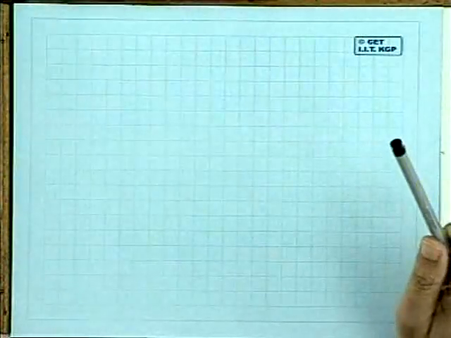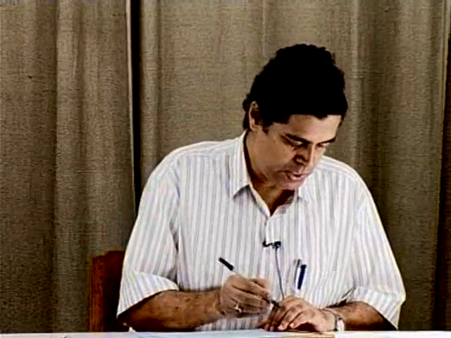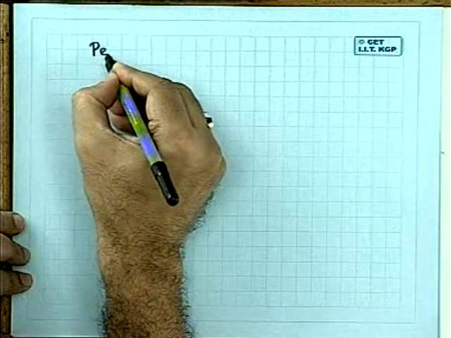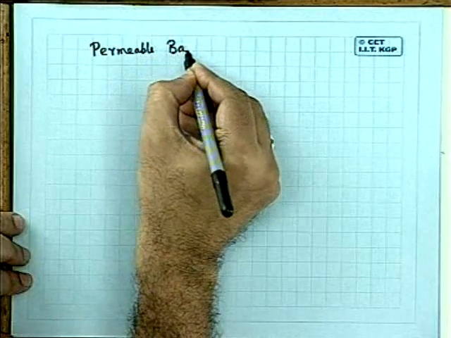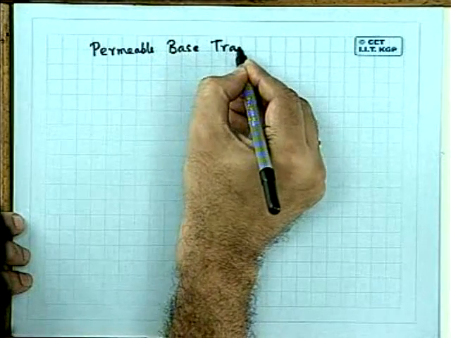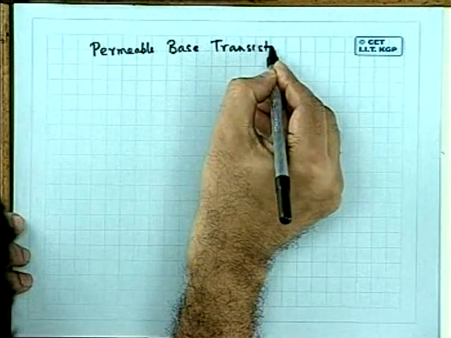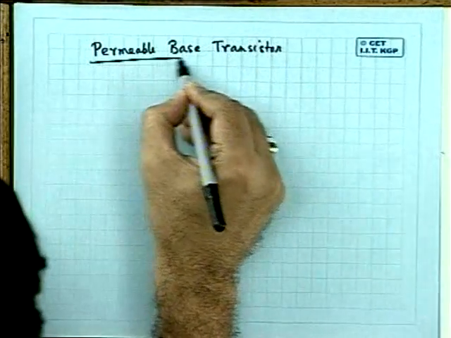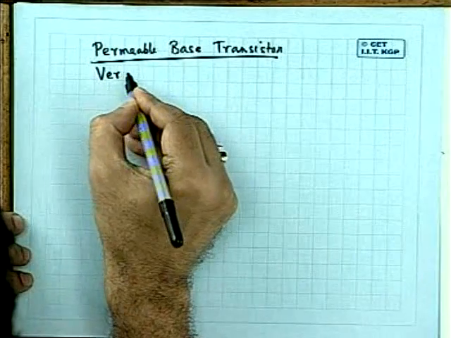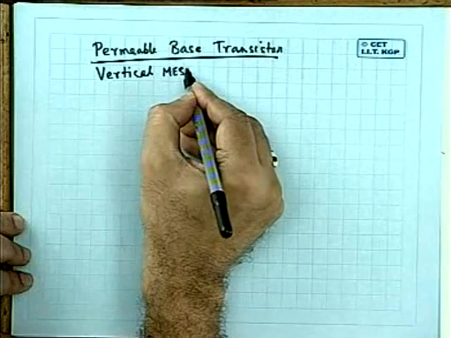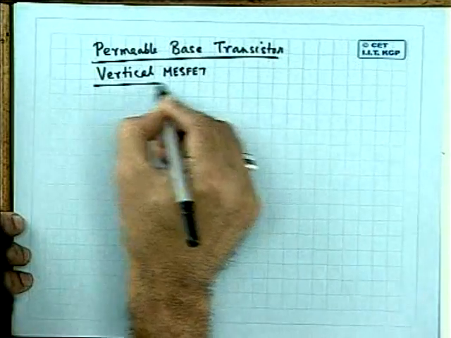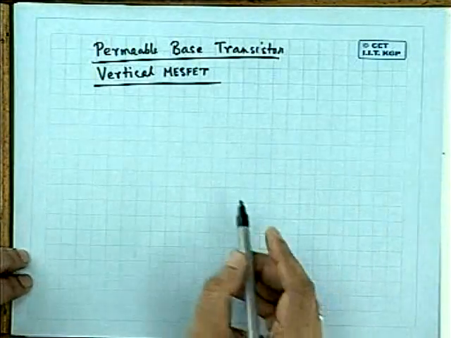There is one other version of this MESFET which came, that is what is known as permeable base transistors. This is basically a vertical MESFET. It looks like this.